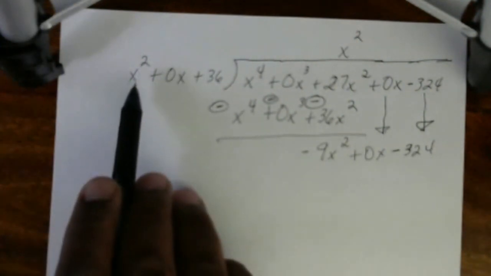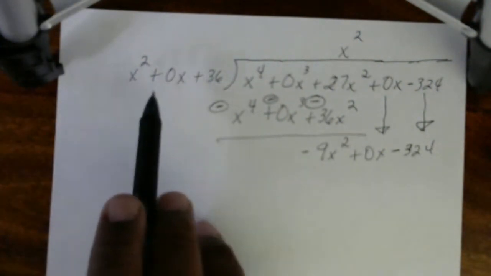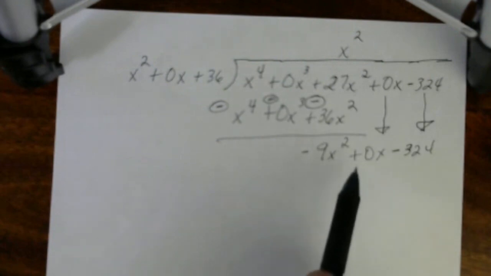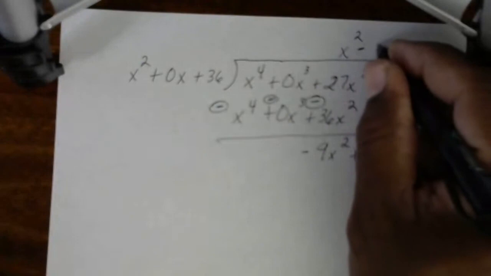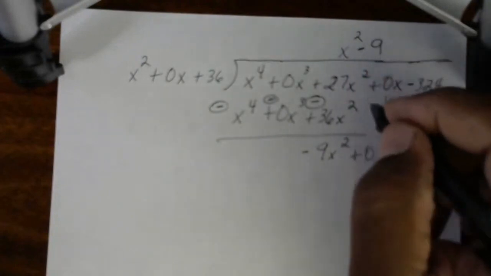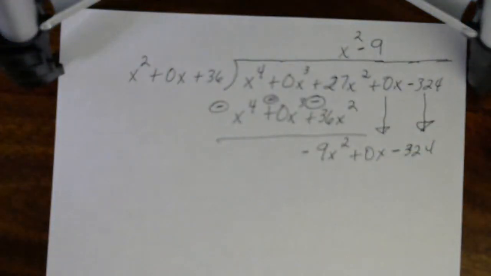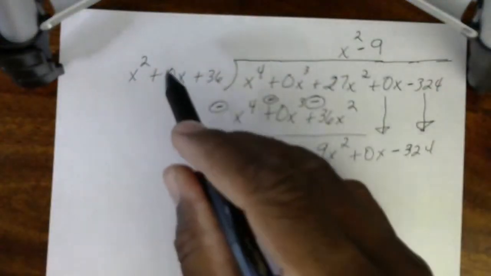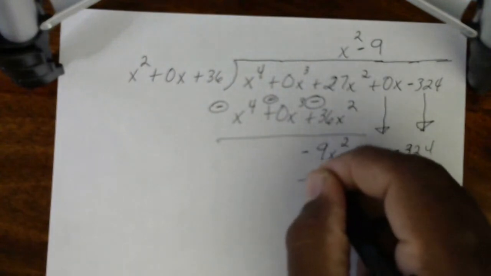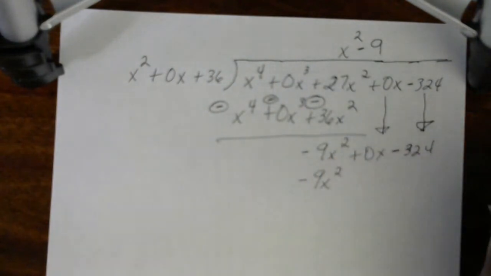So what do we multiply x squared by to get a negative 9x squared? We would multiply by a negative 9. Right? And then I would distribute. Negative 9 times x squared is negative 9x squared.